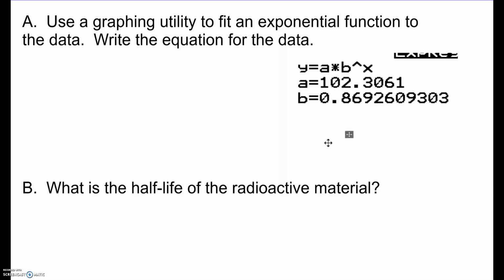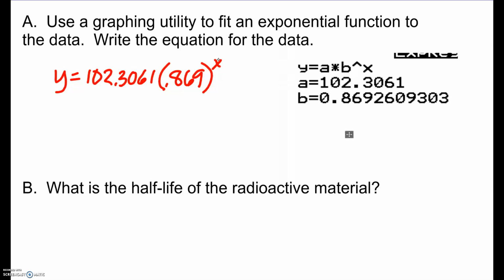And so the equation that we are looking for is y equals a, which is 102.3061, times b, which is 0.869-ish, to the x power. So that's our exponential function.